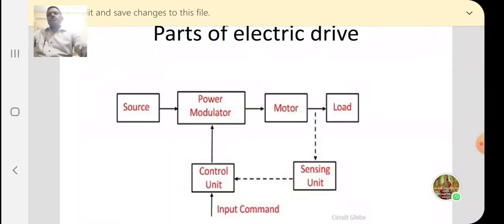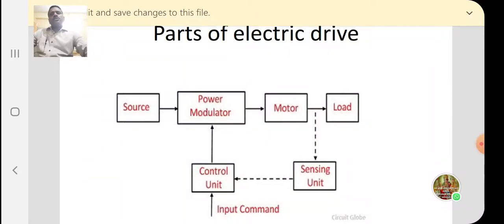Controlling unit means voltage or different types of signals, step up or step down, whatever we need for the motor. Now all these are the parts of elements which make an electric drive.